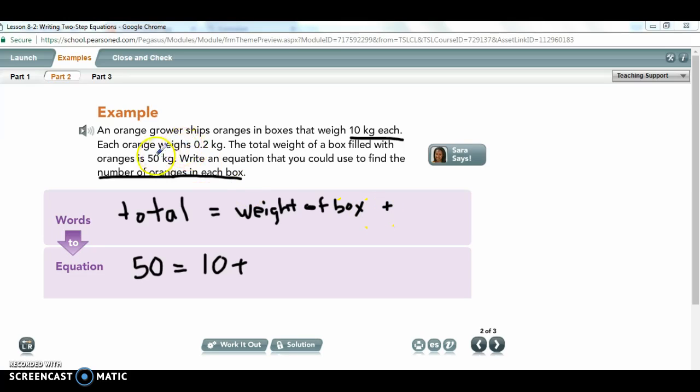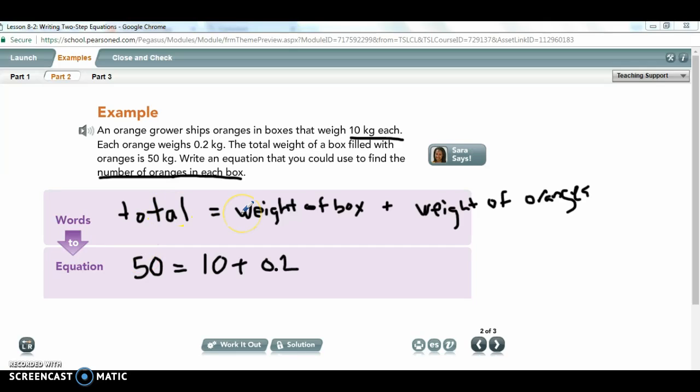Next comes my weight of oranges. So I'm adding my 0.2.